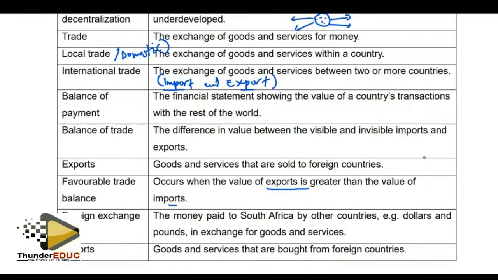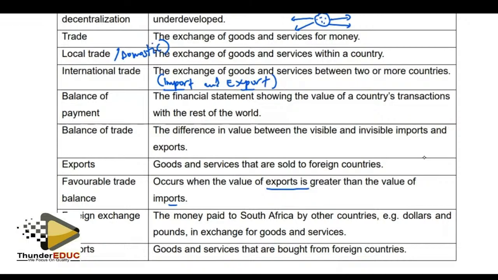But if you are buying more, that means you are spending a lot of money, and if you are selling less, we shall say the country will be experiencing an unfavorable balance. Unfavorable is when the imports are greater than the exports. But when it is favorable, this is when the exports are greater than the imports, meaning the country benefits more when it is selling to other countries, which means more money is coming to the country.